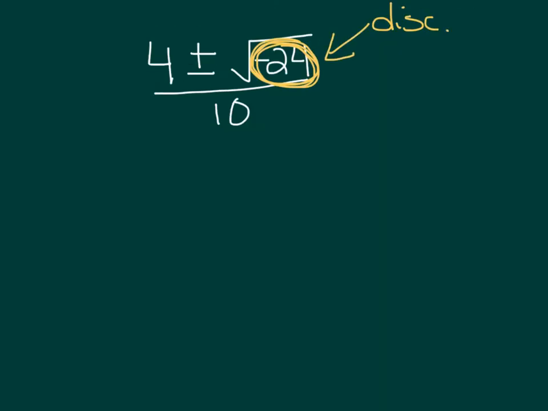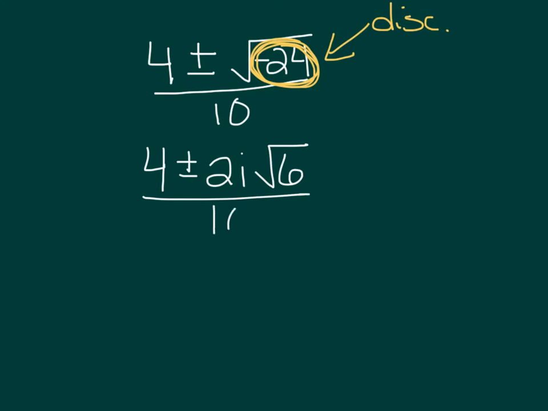Alright, the square root of 24, that breaks down. The perfect square that goes into 24 is 4, so we've got 4 plus or minus, and then that would be take out an i for the negative, take out a 2 for the 4, 2i, and then you have a root 6 left, all over 10.